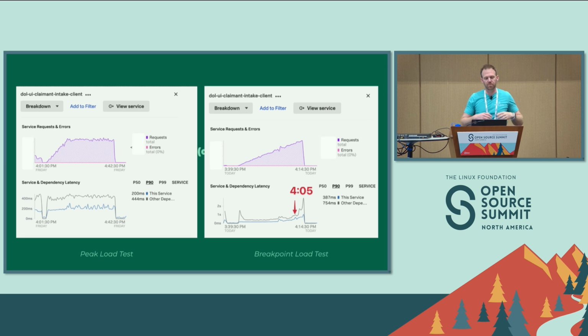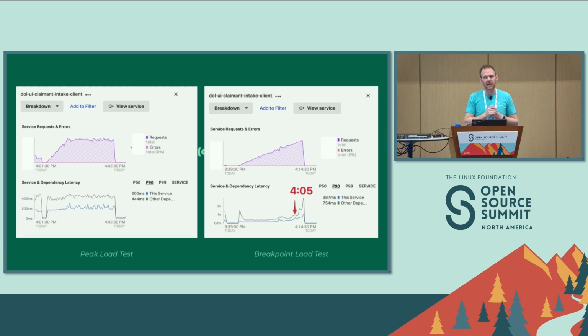Just to put this in perspective, our normal traffic volume is relatively low. I don't actually have the numbers for what we go up to here, but normal traffic volume is a 1 out of 5, and then COVID would be a 5 out of 5 traffic volume. Our breakpoint tests went up to 4 out of 5.